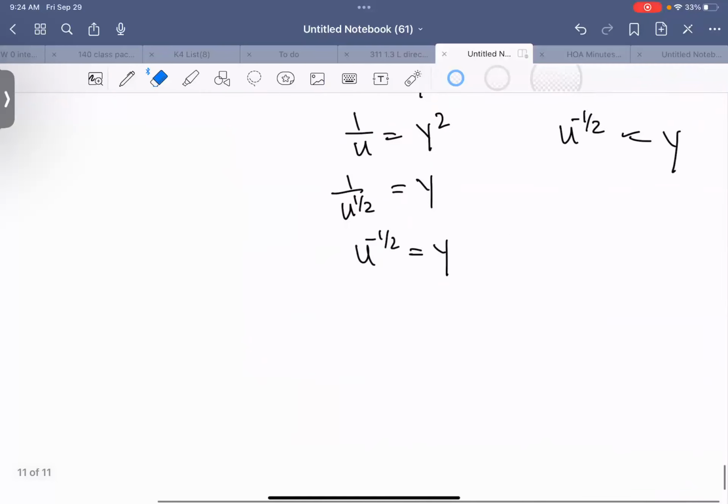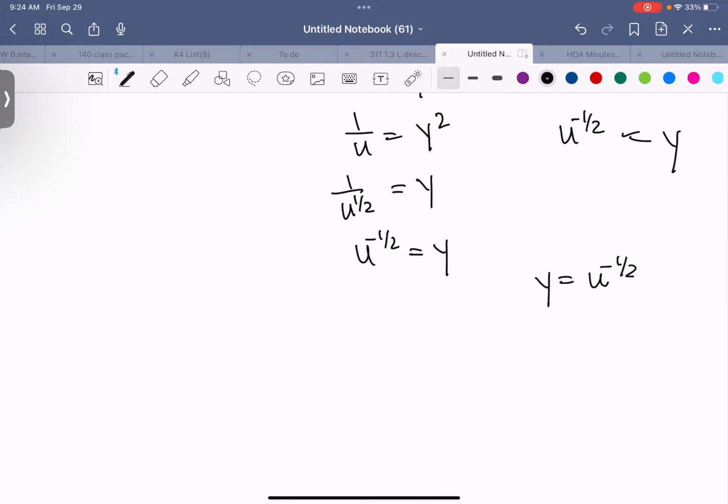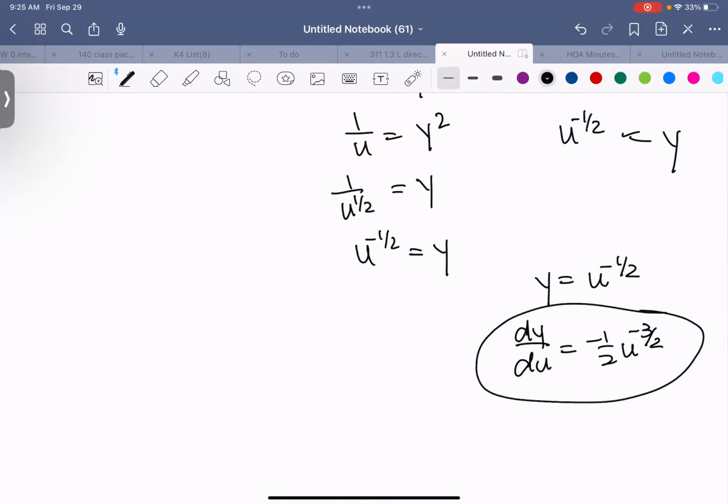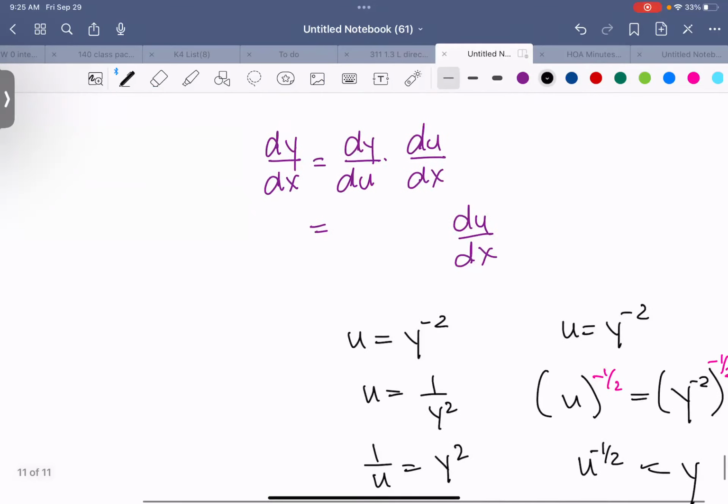So now that we're solved for y, we have y equals u to the negative 1/2. So then dy du is negative 1/2 u to the negative 3/2. And that's what I substitute in up there. So negative 1/2 u to the negative 3/2.